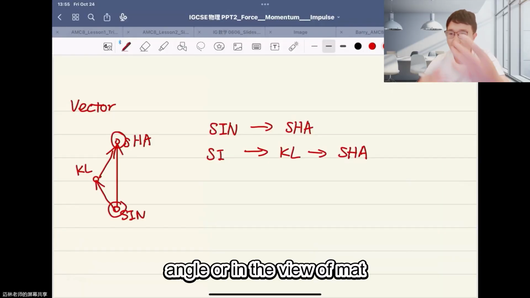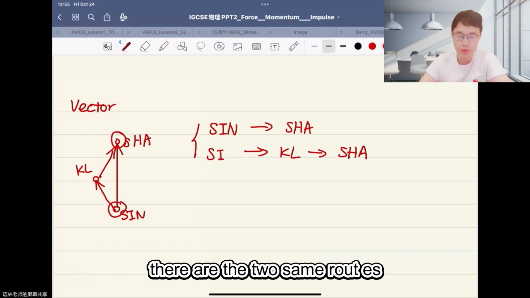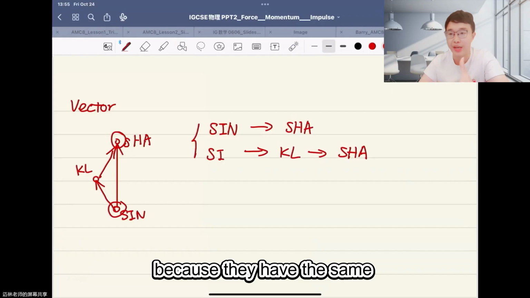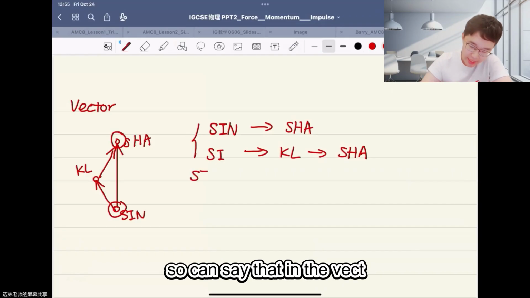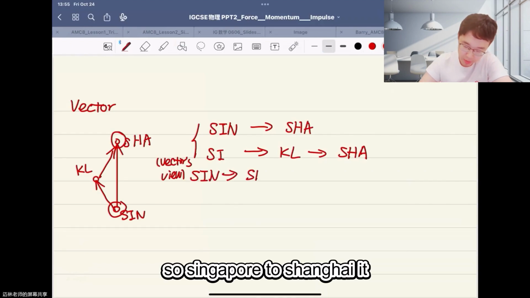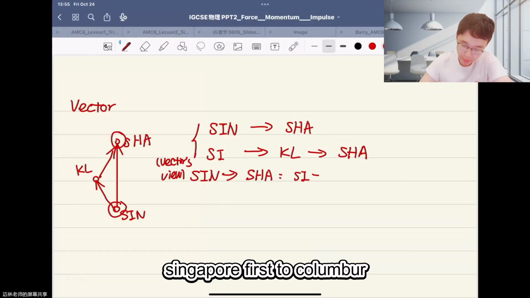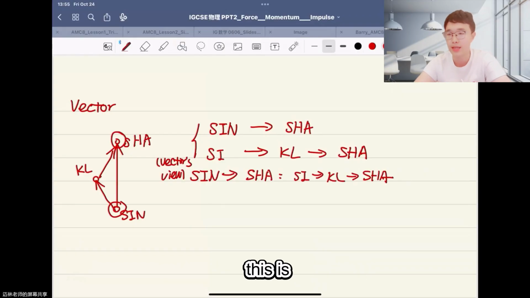From the view of mathematics, we can say that these are the same, because they have the same start and the same terminal. So Singapore to Shanghai equals Singapore first to Kuala Lumpur and then to Shanghai. Okay, this is the same route.